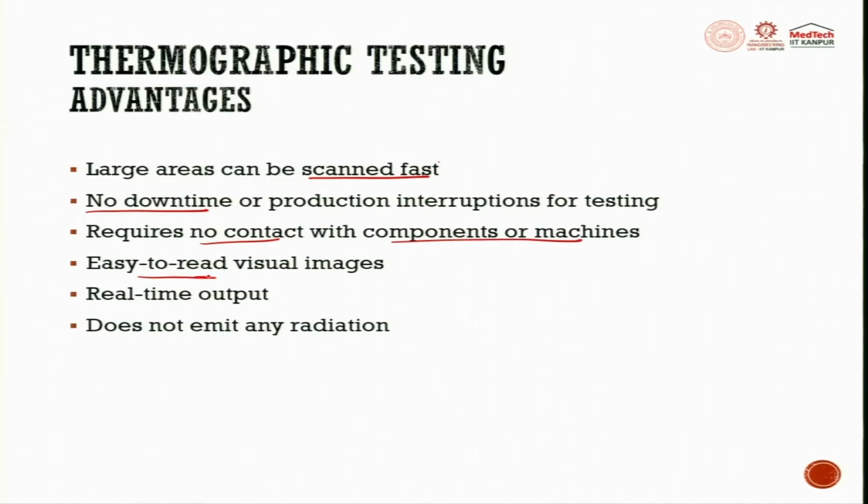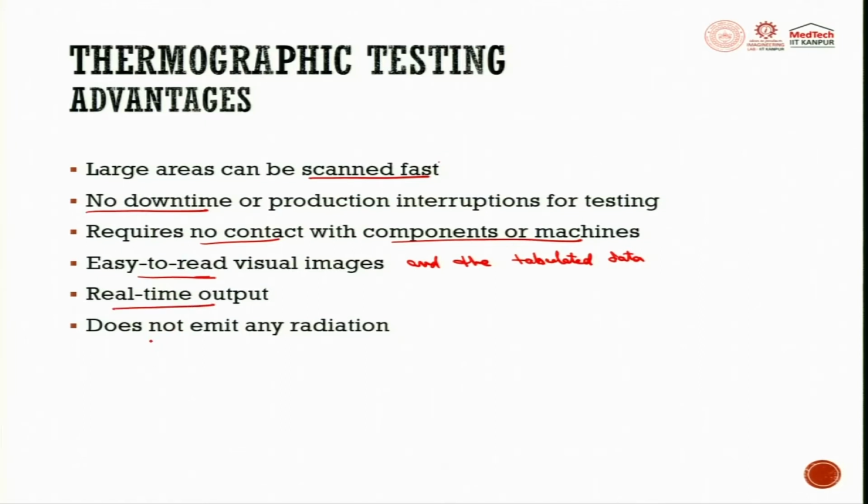It is easy to read visual images and the tabulated data. Tabulated data means that data is available in tabular form with the time, the image could be mapped with it and the temperature. It is a real time output that we can get out of it.